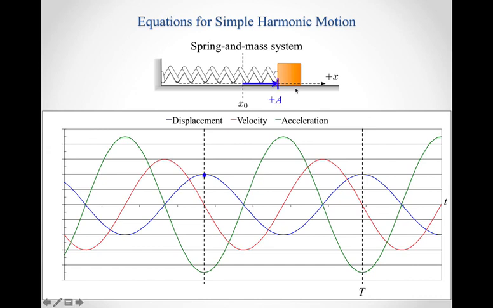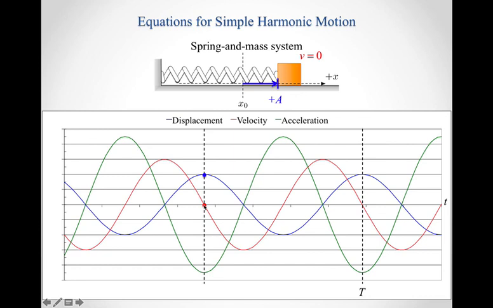So let's start by having my block out here at, in this case, positive amplitude. And you'll notice that means I'm at the maximum value for the displacement curve. When it's at amplitude, that's the point it's stopping to turn around, so the speed here has to be 0.